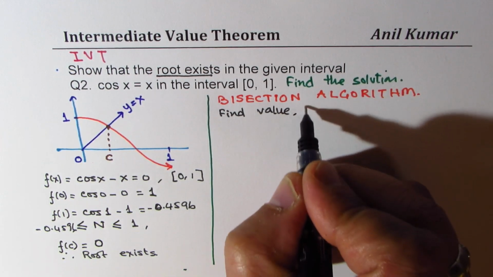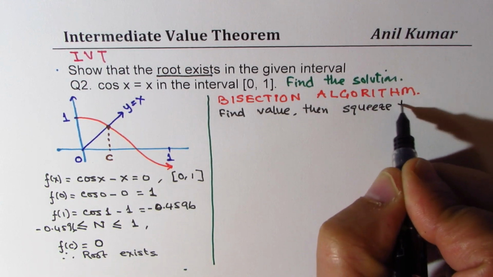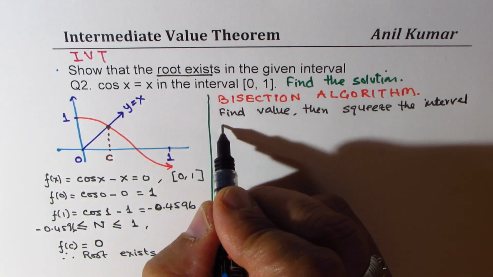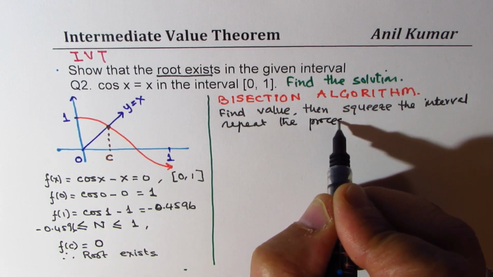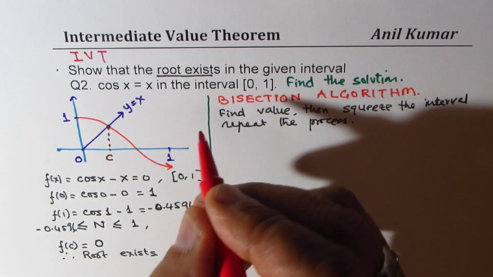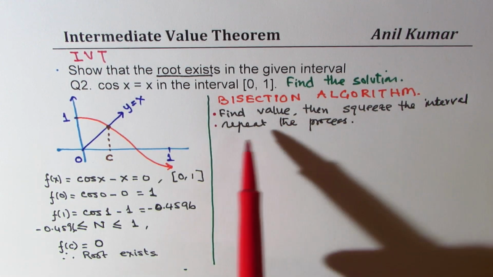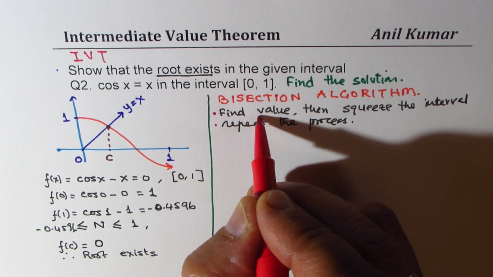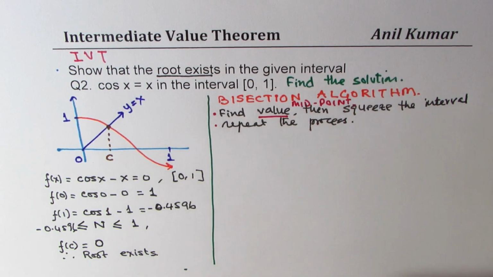And then squeeze the interval and repeat the process. So basically, we could rephrase the strategy as: find the value, then squeeze the interval. And which value? Bisectional value, meaning the mid value. So when I say find the value, of which point? Midpoint. So let us see how to really apply it.